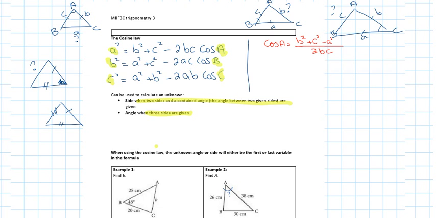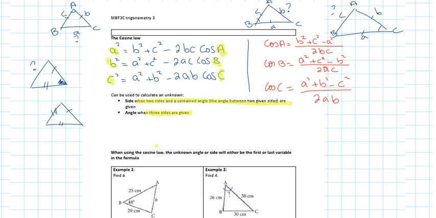Cos B equals a squared plus c squared minus b squared over 2ac. And then the formula for C: cos C equals a squared plus b squared minus c squared over 2ab.